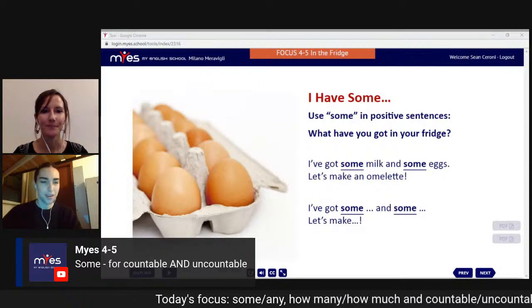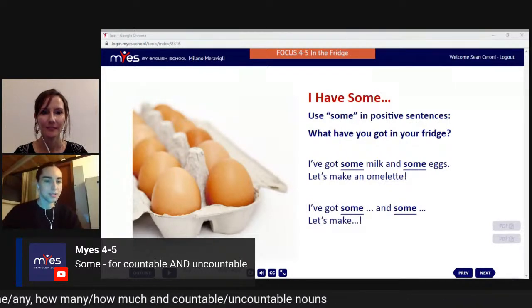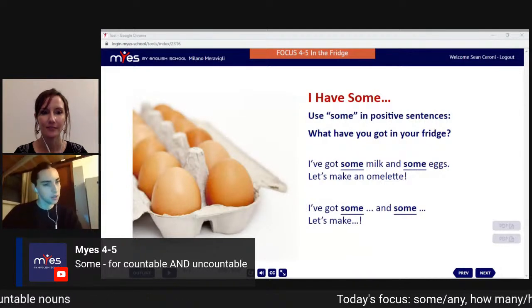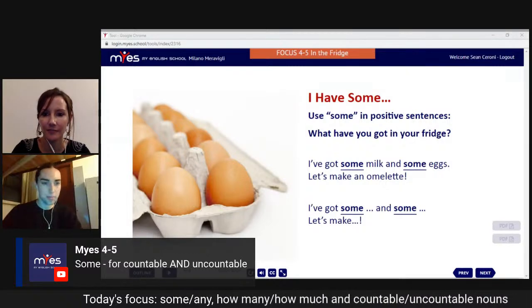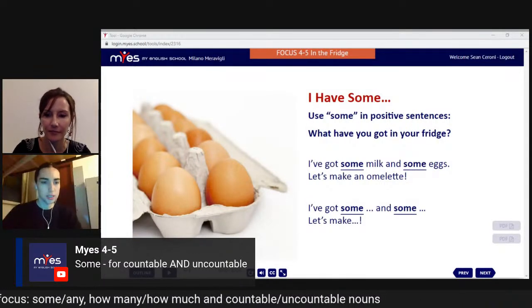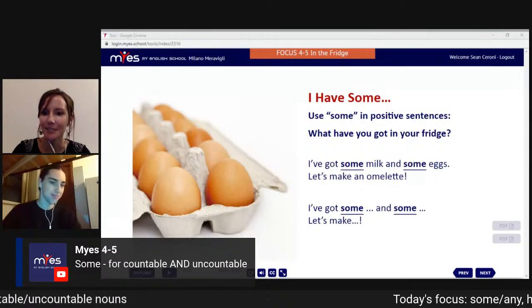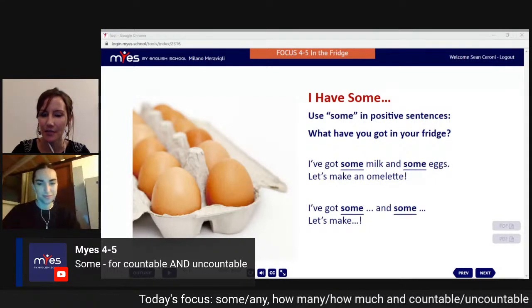Interesting. How do I make an omelette? I would say once in a while, not very often. When I do, I usually put some ham, some cheese, and sometimes some mushrooms, if I have them. Mushrooms. Okay. We have different omelette styles.